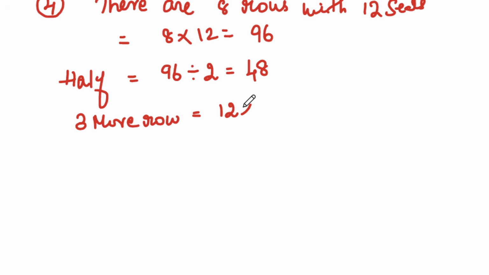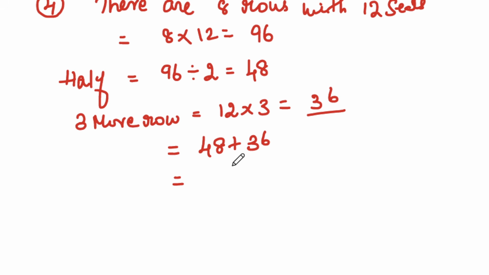So 12 into 3. 3 2s are 6, 3 1s are 3, so 36. So 36 seats were filled. Initially half of them were watching, which is 48. Now 36 has been filled. So 48 plus 36 is 84. So totally 84 people are watching.